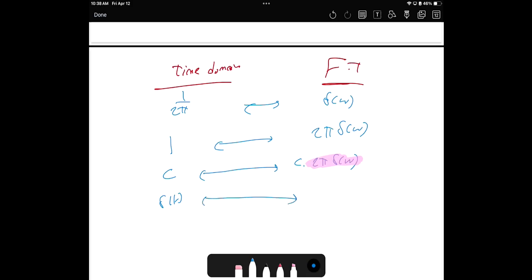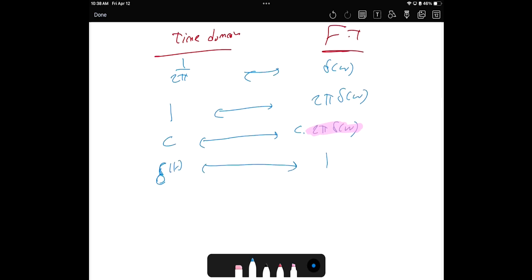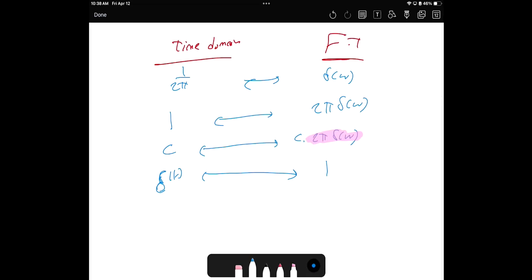It will give you 1. So if you have a constant, it will yield 2 pi delta(omega). But if you have delta(t), this yields 1 for the transform. The plot here is 1.